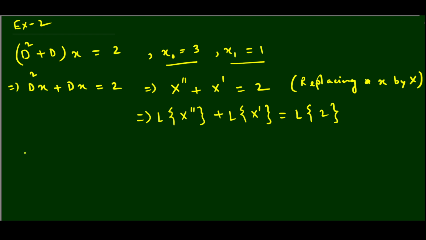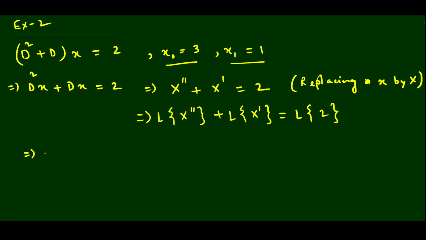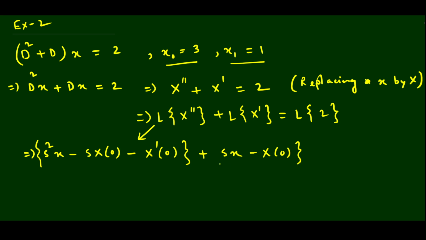So first one will be s square X minus s into x of 0 minus x dash of 0. These three terms are from this part. And for the second term, we have to write s X minus x of 0. Okay, these two terms are coming from this one.